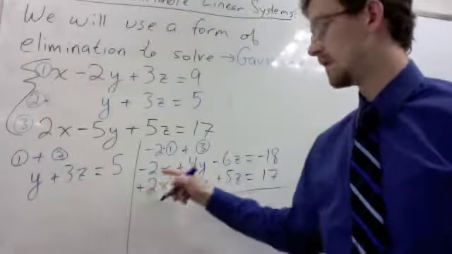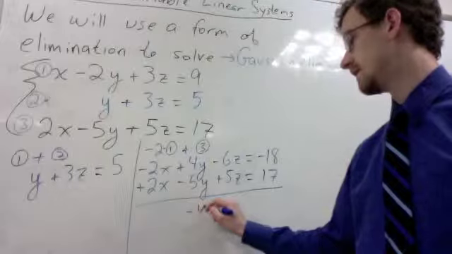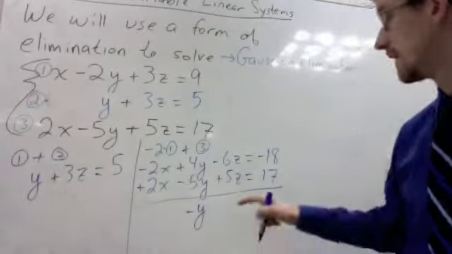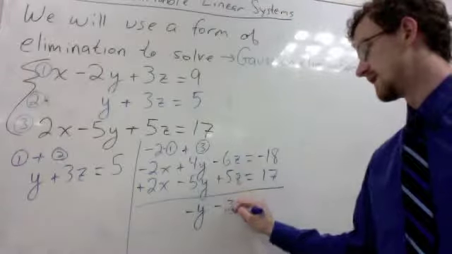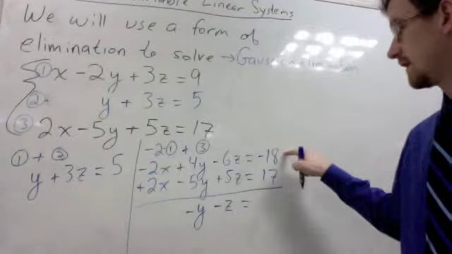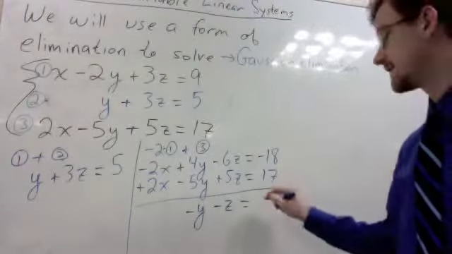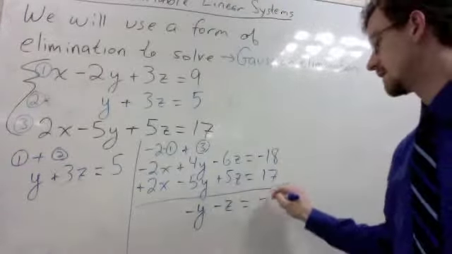Negative 2x plus 2x is 0. 4y minus 5y is negative y. And negative 6z plus 5z is negative z. Negative 18 plus 17 is negative 1.